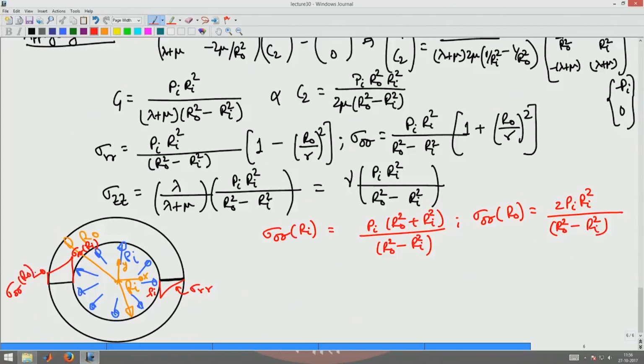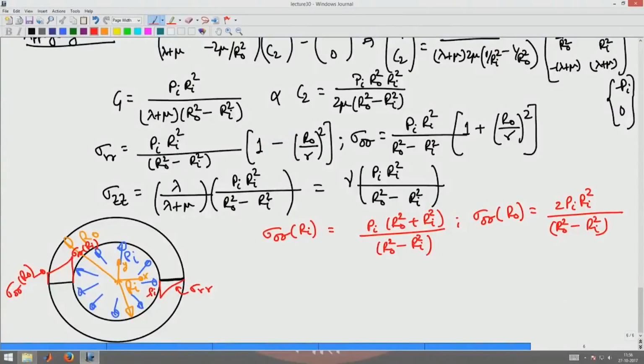Okay. Now, the point is the hoop stress or sigma theta theta stress is tensile in nature. Okay. And the axial stress is constant over the entire cross section, it does not vary radially, that is what we got from our derivation. Now, let us understand why there is axial stress and radial stress developed in the cross section. Okay.